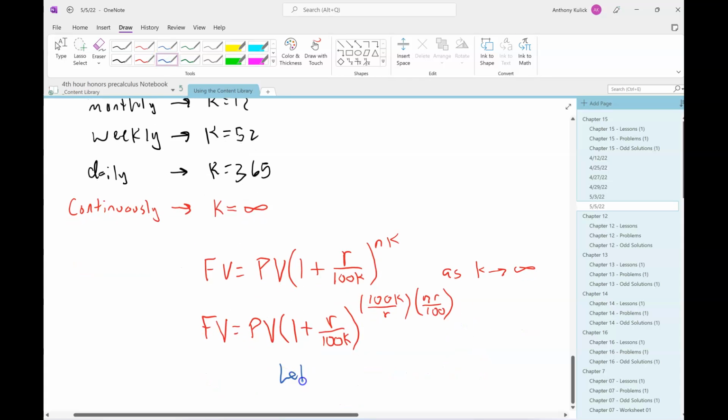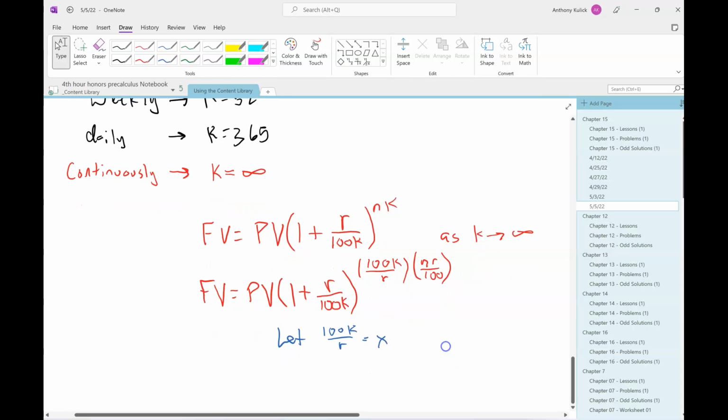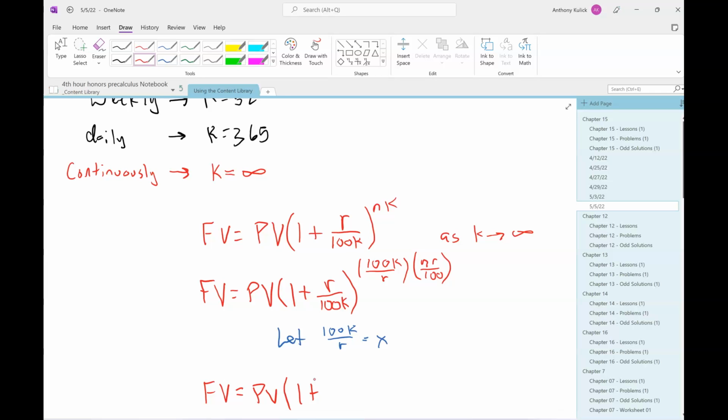Now I'm going to make a clever substitution. So I'm going to say let 100k over r equal x. So if 100k over r is equal to x, what's r over 100k equal? The reciprocal, so 1 over x, right?